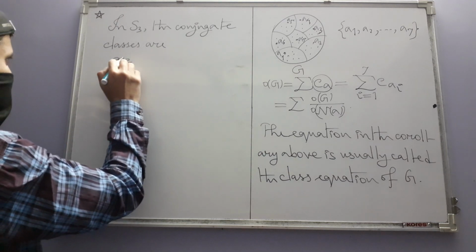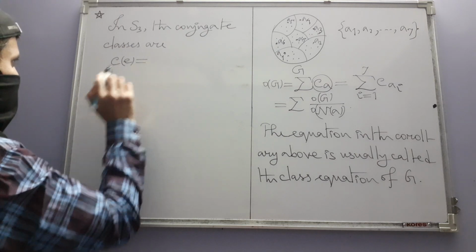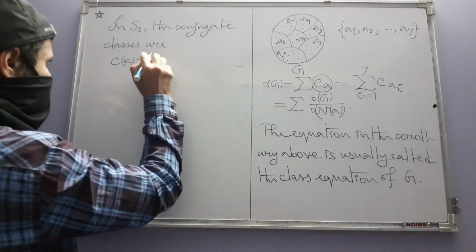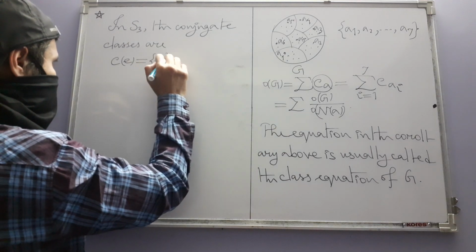One conjugate class is the one that contains the identity permutation, which consists of that itself.